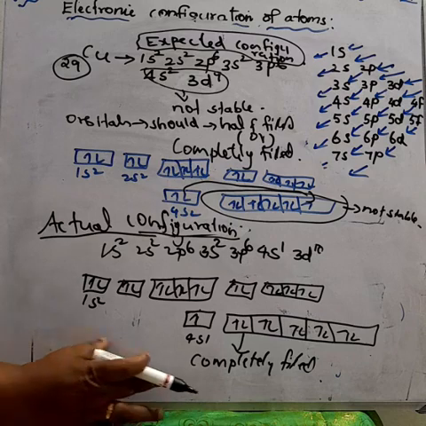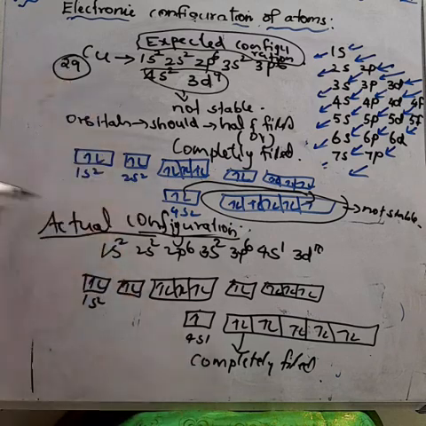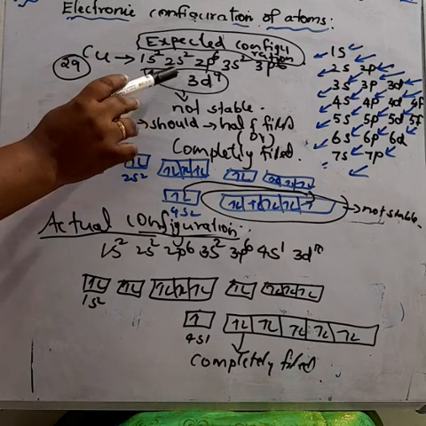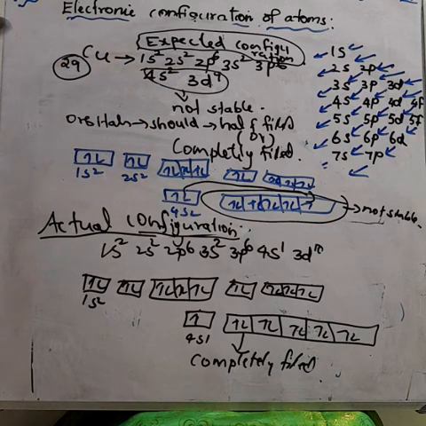Now the chromium and copper atoms are stable. Due to the stability, one electron from the 4s orbital in chromium and copper moves to attain the half-filled and completely filled configuration respectively.